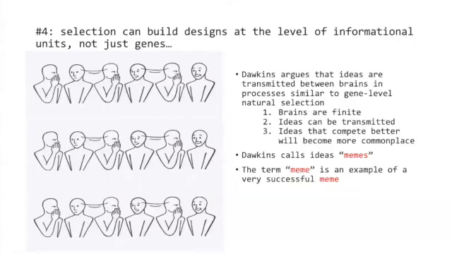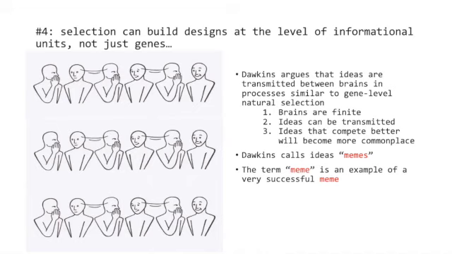Now, it's going to be really important for us to keep in mind that selection doesn't just operate on genes. Richard Dawkins, a famous proponent of the idea that ideas can undergo selection-like processes, argues that there is a population of differing ideas, so there's variation.